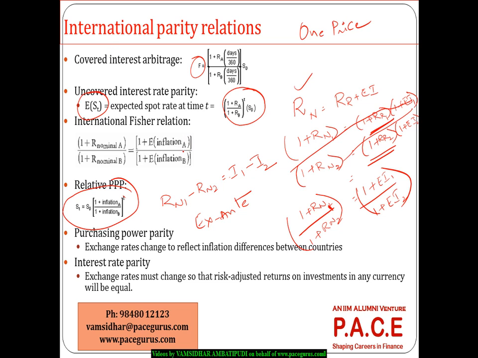The inflation differentials get reflected with respect to the interest rate differentials as a part of the international Fisher equation, and inflation differentials go down as a part of the change in the expected spot rates. That is what is highlighted as a part of our relative purchasing power parity, and that is how we can look at the synchronization between the various international parity relationships.